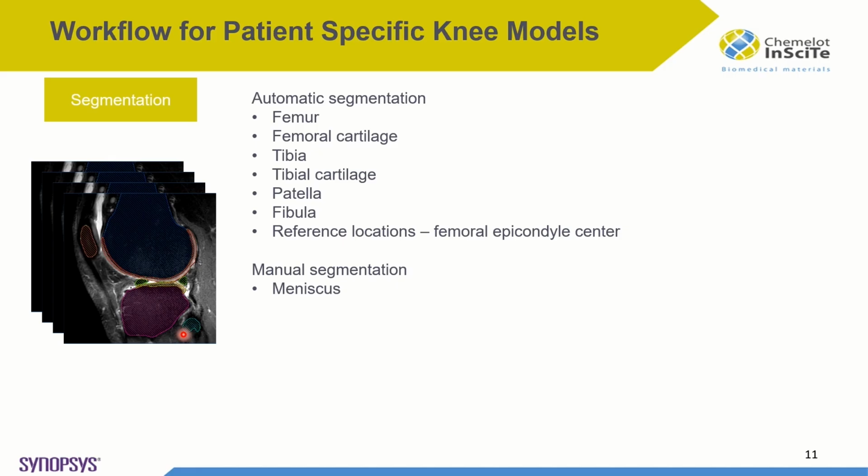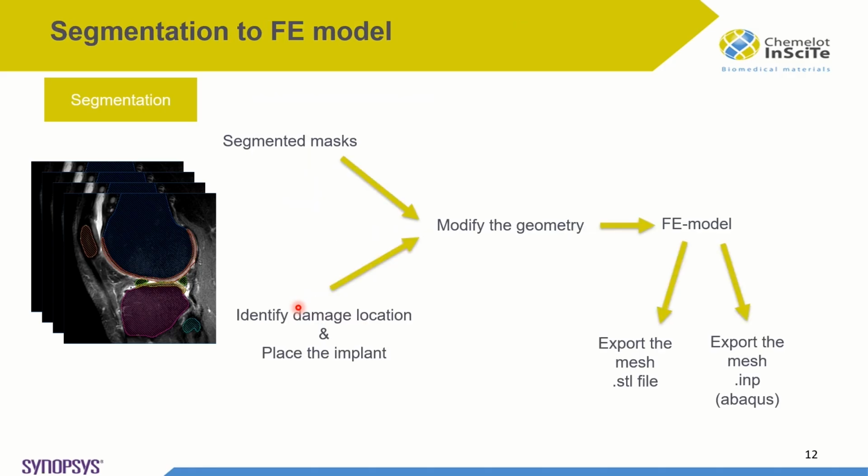In addition to these masks, the Synopsys software also recognizes some landmarks, and one of them is quite important in the simulation of the gait cycle, and that one is the femoral epicondyle center. In addition to the automatically recognized masks, in order to do the simulations, one also needs to segment the meniscus manually, which is not automated up to now.